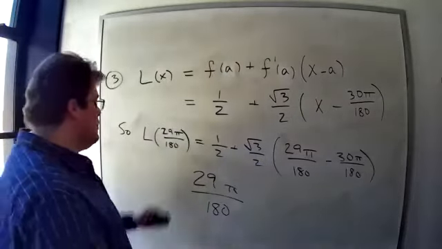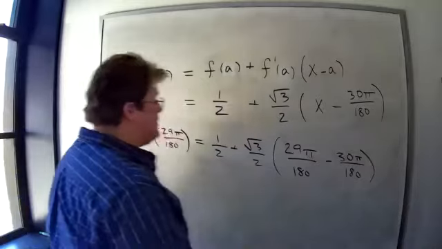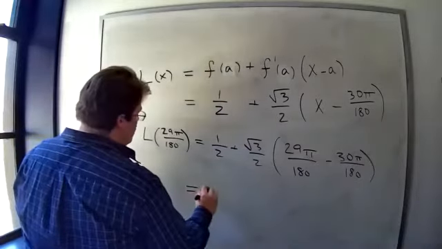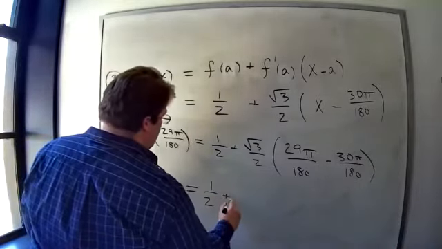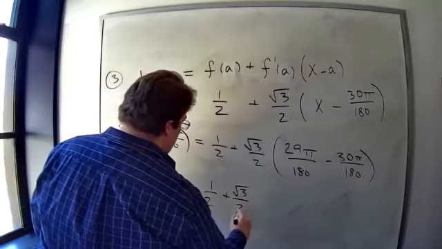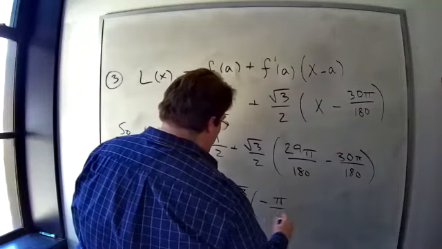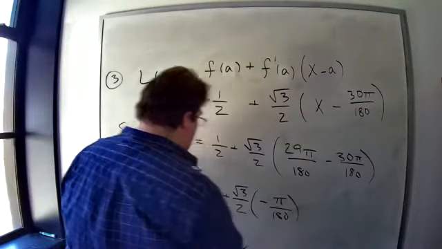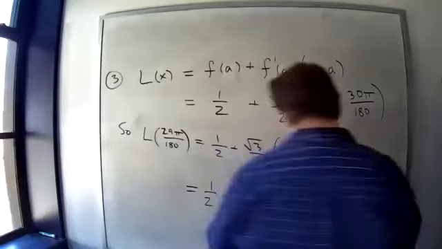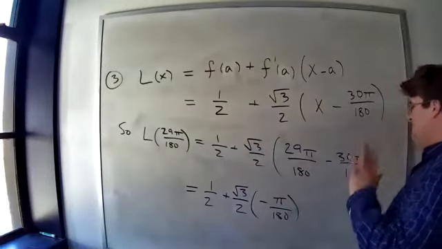And now what's inside those parentheses does simplify. Well, it doesn't combine nicely into what? Negative pi over 180. And I guess this can all be written as one fraction.